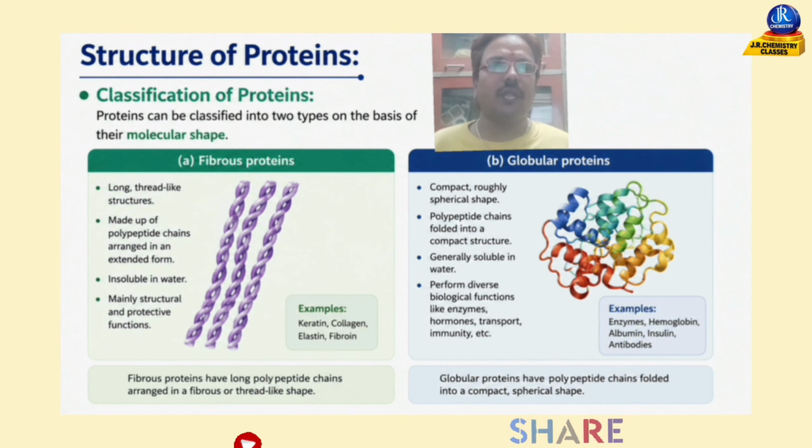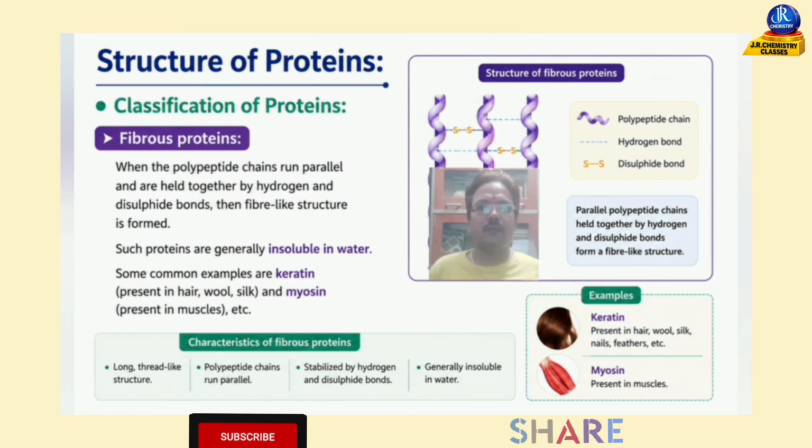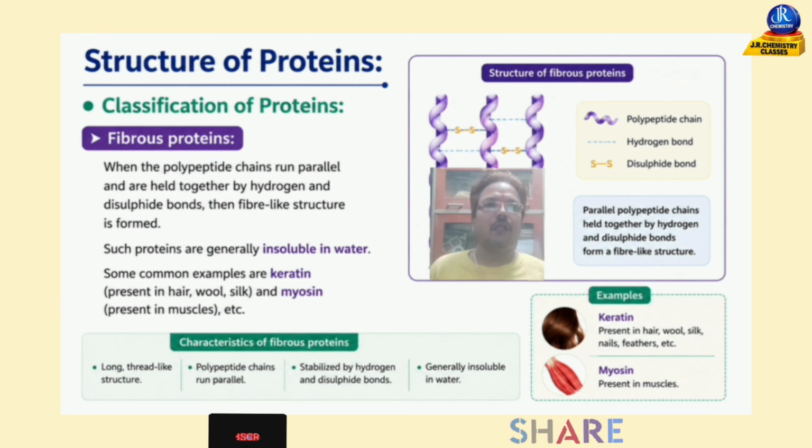Classification of proteins. Proteins can be classified into two types on the basis of their molecular shape. One, fibrous proteins, and second, globular proteins. Fibrous proteins.